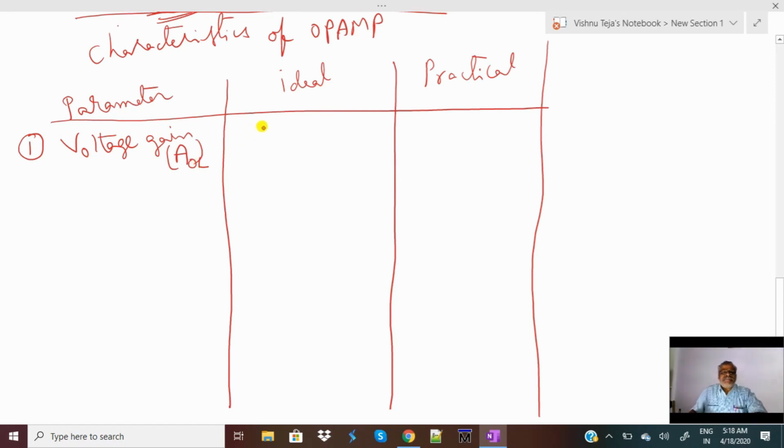Its ideal value is infinite. Generally, this ideal value is represented with minus infinity, because the operational amplifier is normally operated in inverting mode, so the gain will be negative. In a simple sense, we can also say the ideal voltage gain is infinite.